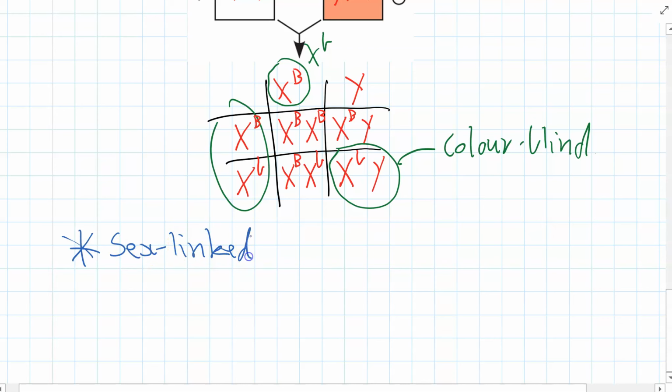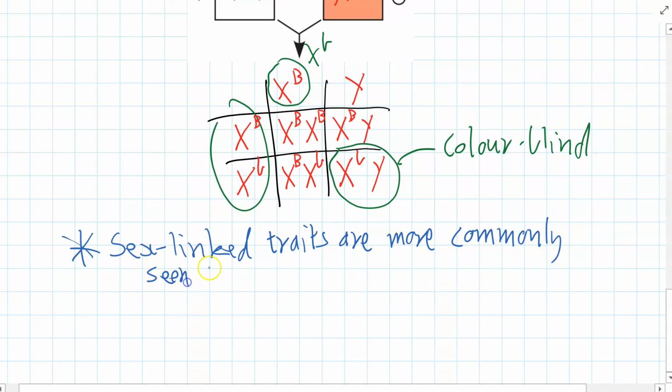Because males only need that one copy of the faulty allele for them to have the condition. That's the final point to make with sex-linked genes. They're normally seen in males, they can be seen in females, but it's a lot rarer.